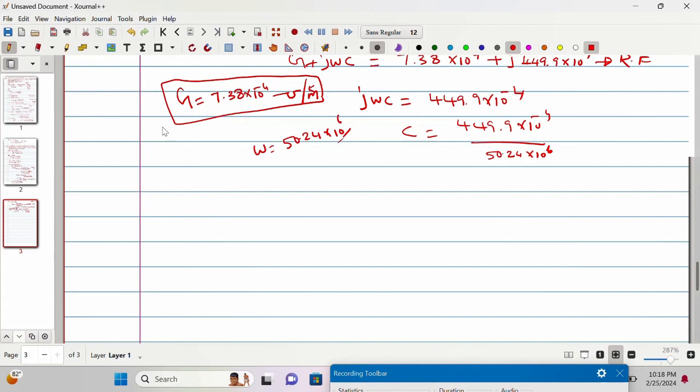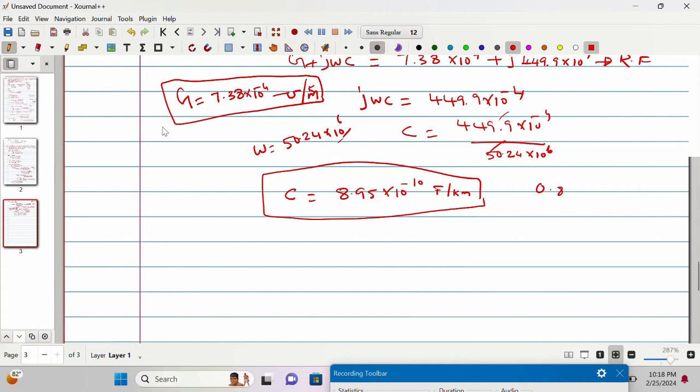By simplifying these two values, we finally get C equal to 8.95 into 10 to the power of minus 10 farad per kilometer. This is the value for the capacitor. In nanofarad, we consider 0.895 into 10 to the power of minus 9, that means nanofarad per meter. So this is the value for C.